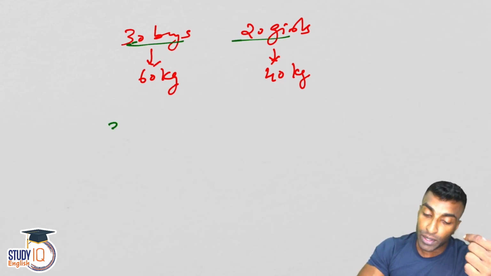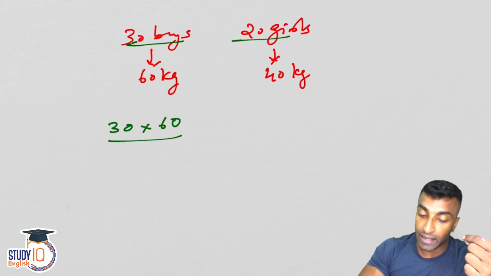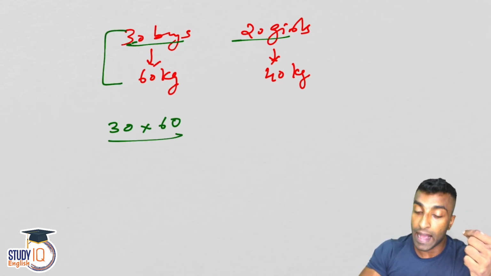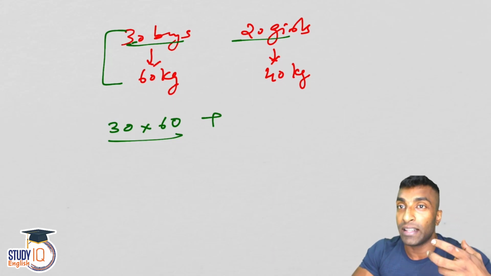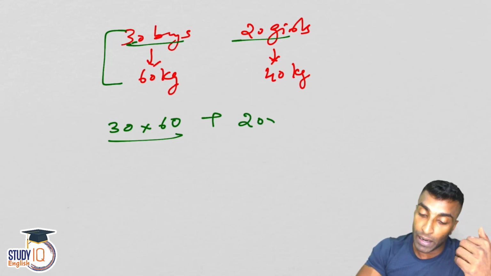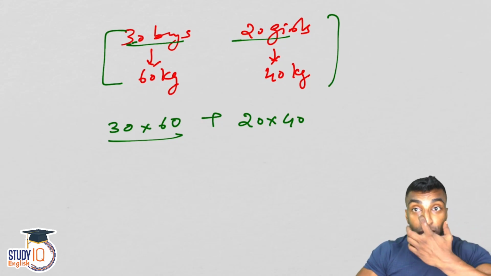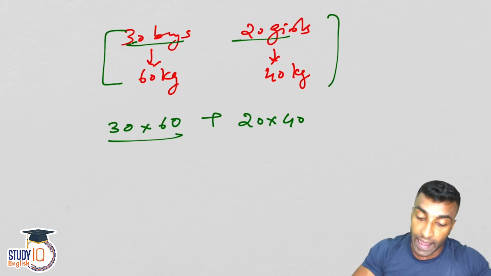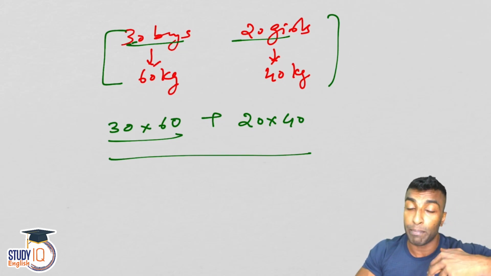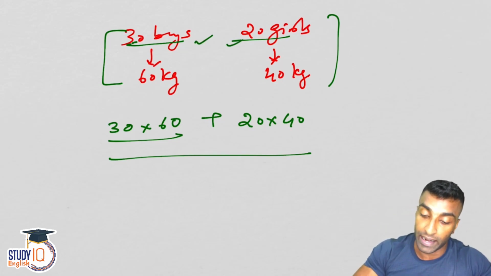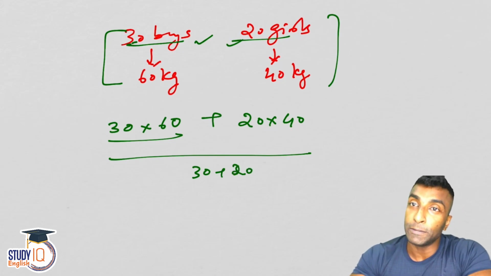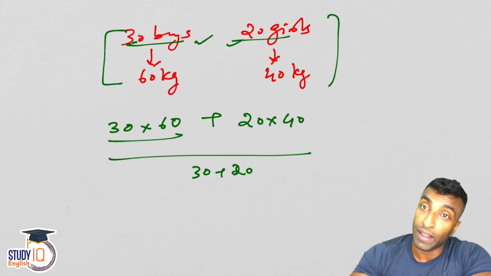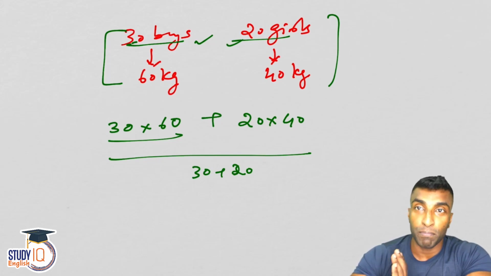So 30 multiplied by 60 gives the weight of the boys, plus 20 multiplied by 40 gives the weight of the girls. I add both to get the total weight of the class, and divide by the total number in the class, that is 30 plus 20, which is 50. This is how I get the average weight of the entire class when boys and girls are given separately.